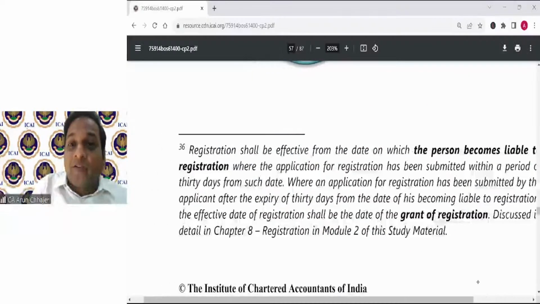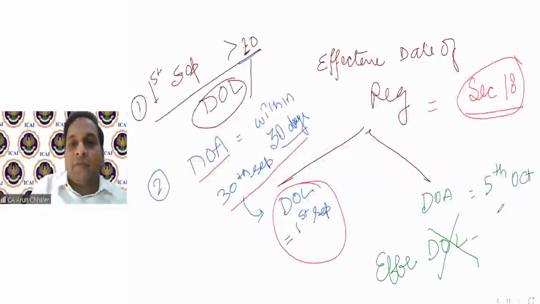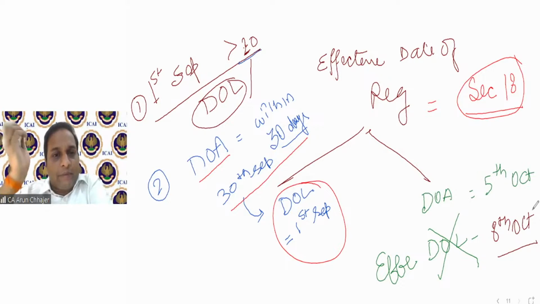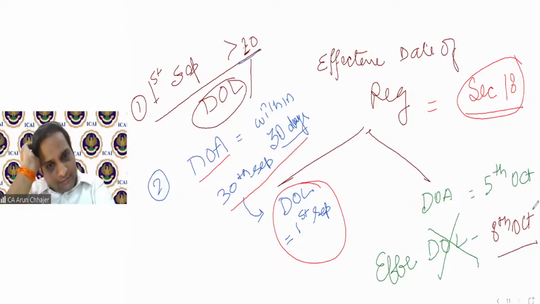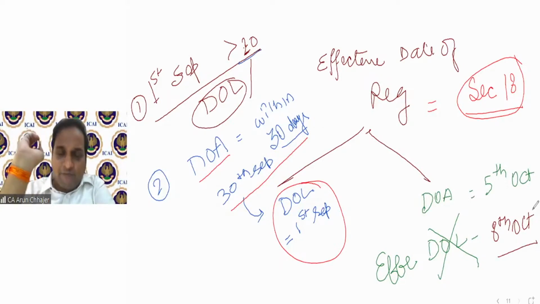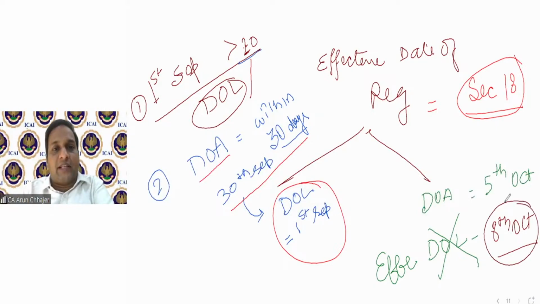The effective date would be the date of grant of the registration. Let's say in this example, the registration is being granted on, let's say, 8th of October. It's Aadhaar authenticated, so the time limit is, we are not going into the time limit, 7 days, etc. So the 8th would be the effective date of the registration.